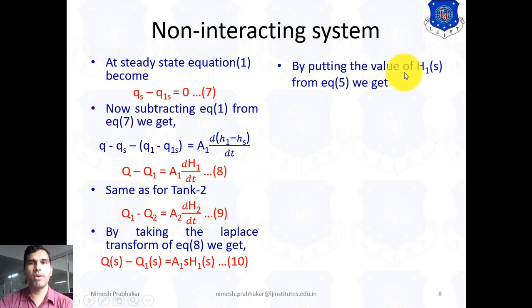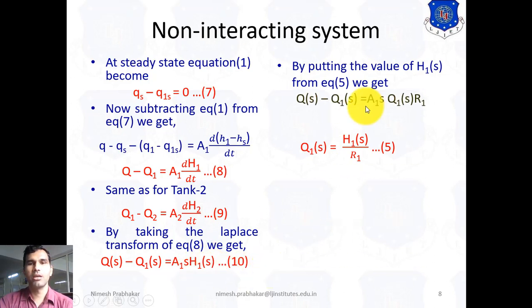Now by putting the value of H1s from equation number 5, instead of this H1s we put the value from equation number 5. We know H1s is nothing but Q1s into R1. So instead of H1s, we put the value Q1s into R1.